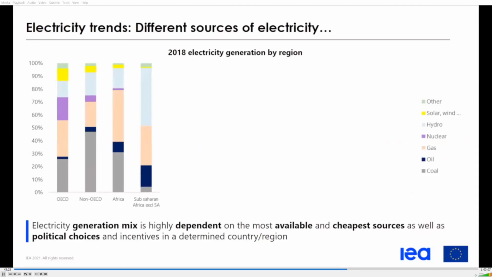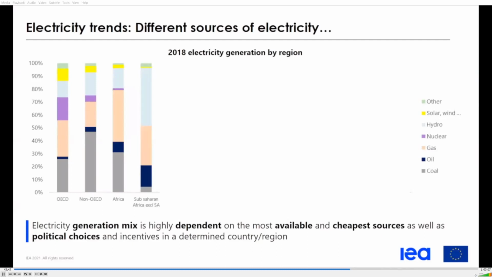For example, in the case of the OECD, it's more or less spread between coal, gas, and nuclear.